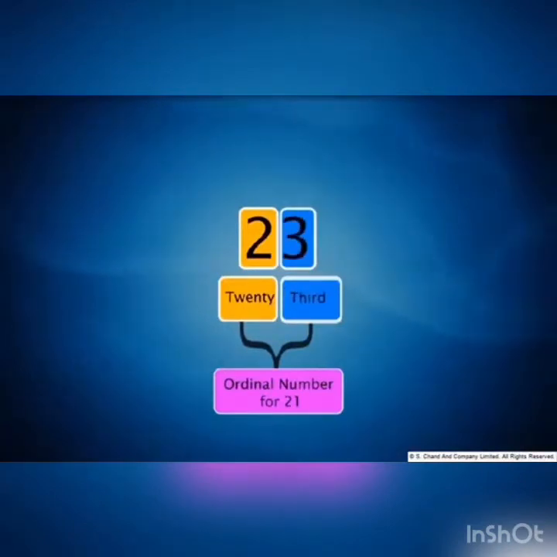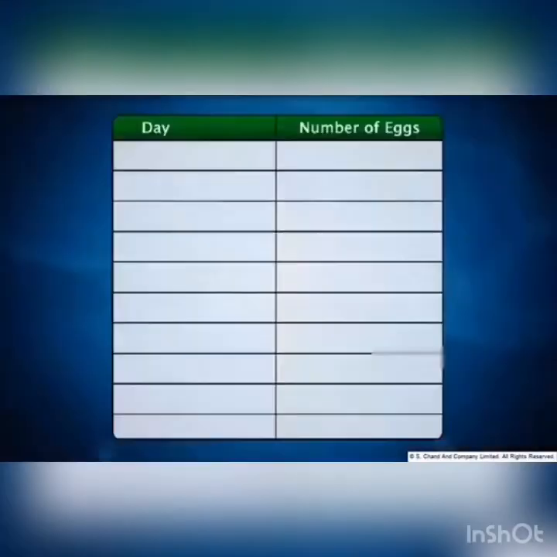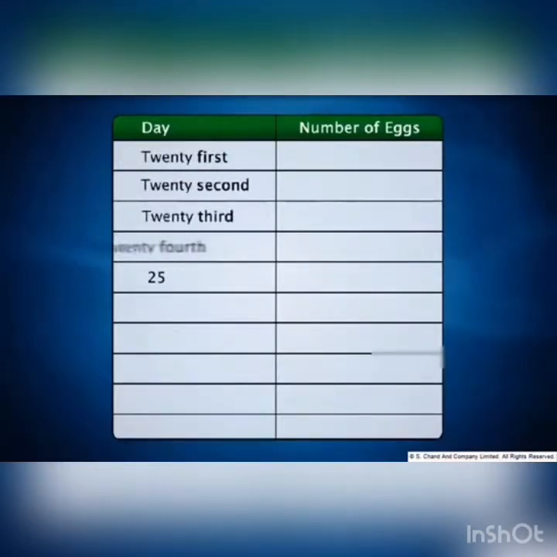Similarly, we can form ordinal numbers for all two-digit numbers greater than 20 that do not have 0 in their ones place. So the ordinal numbers for 21, 22, 23, 24 and 25 are 21st, 22nd, 23rd, 24th and 25th.